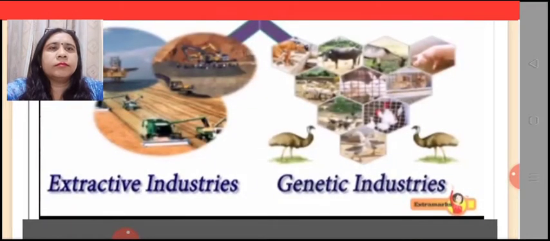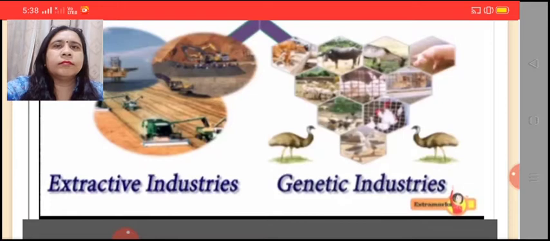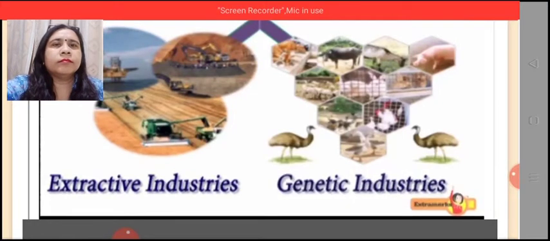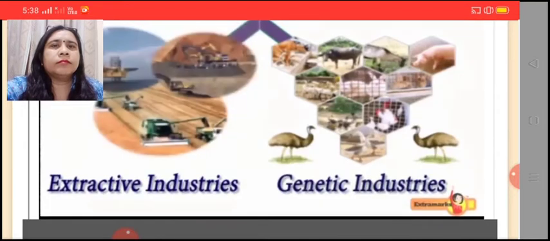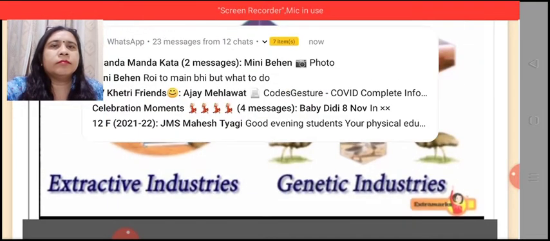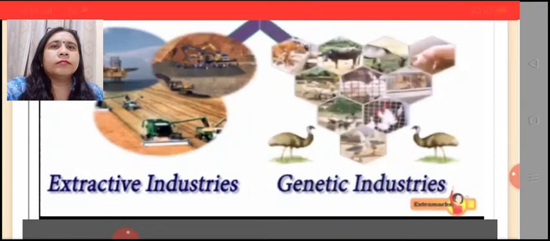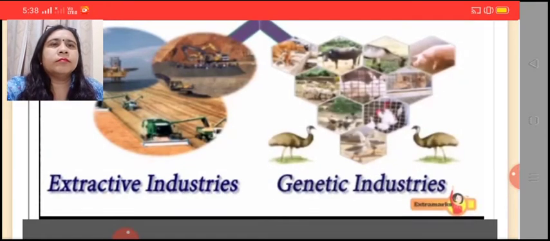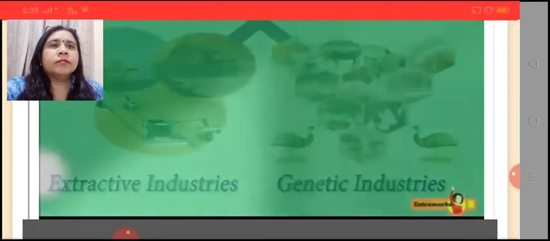The difference between extractive and genetic industries lies in the nature of work. One involves drawing out natural products, and the other is involved in reproduction and breeding of plants and animals.